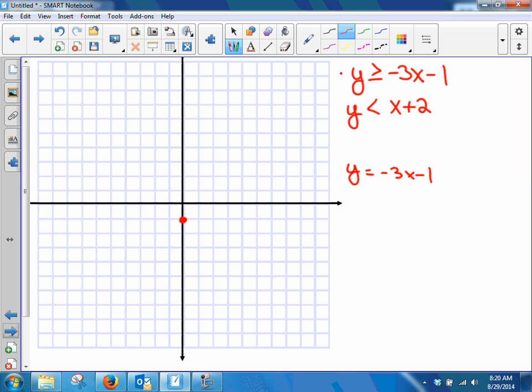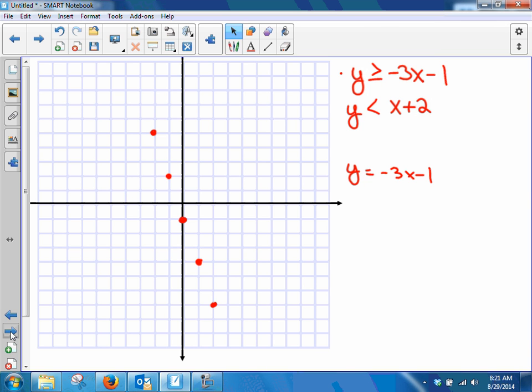The only thing is you're going to have to remember to go back to the inequality when we shade. Okay, so I go down to negative 1, and then I apply the slope of negative 3. So 1, 2, 3 down over 1. 1, 2, 3 down over 1, and then I'll reverse it. 1, 2, 3 over 1, 2, 3 over 1. Okay?